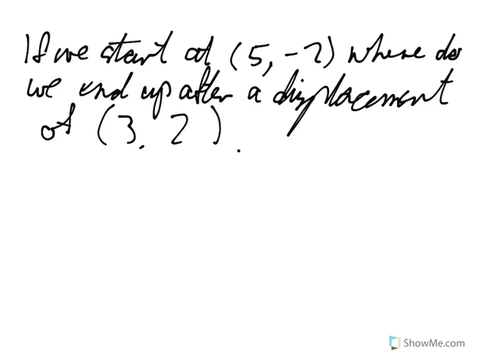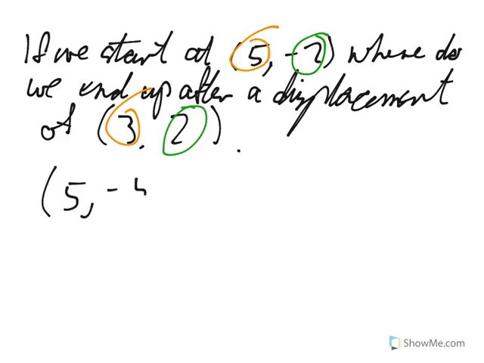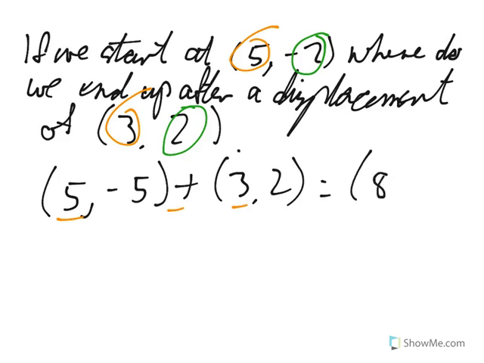That's fairly simple really, because we just need to look at our x parts and our y parts, those components in those directions. It's really simply a matter of adding these things together. So you've got your 5 plus 3, which is 8, and your -5 plus 2, which is -3, and there it is.